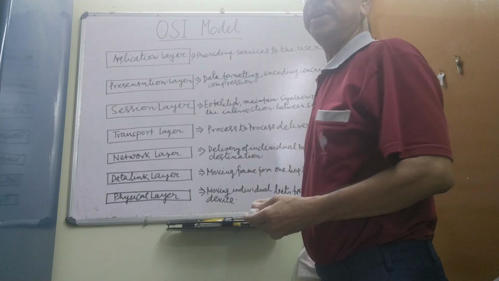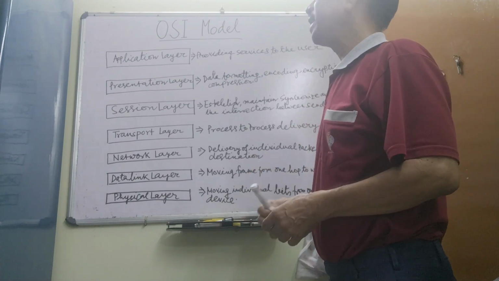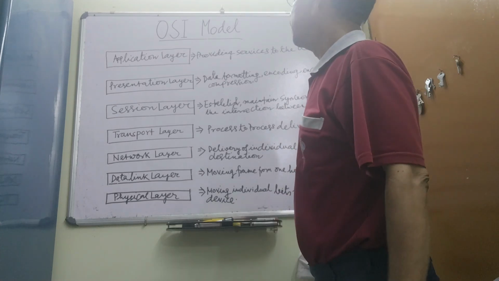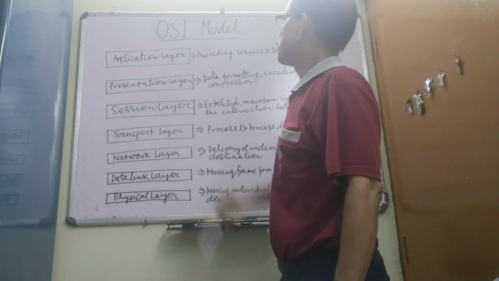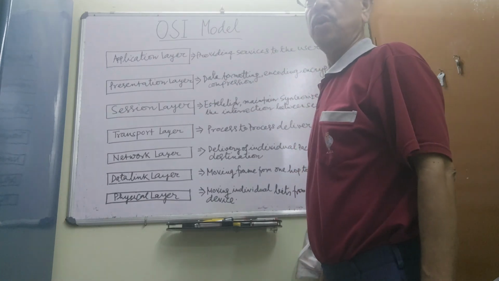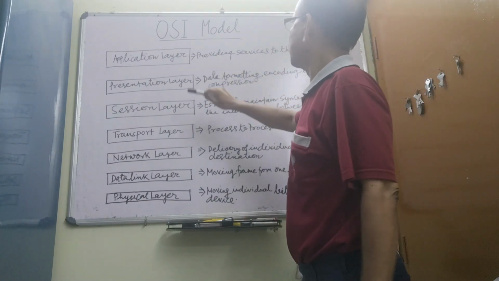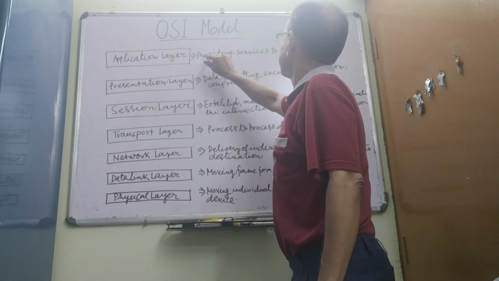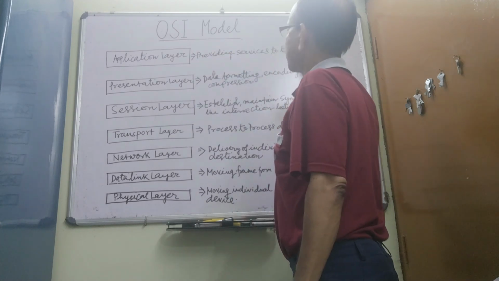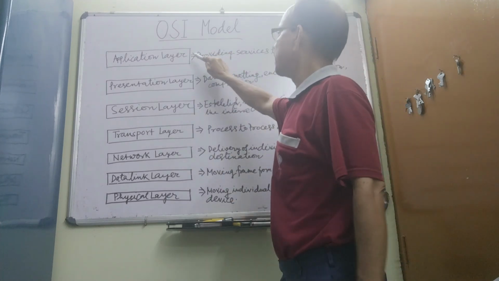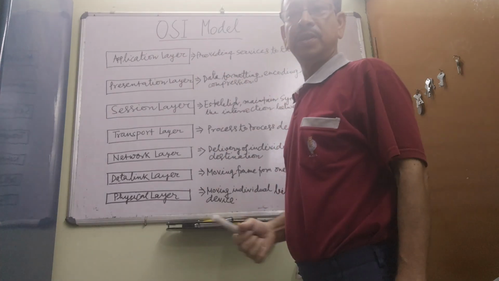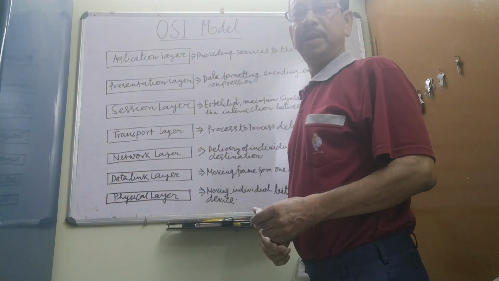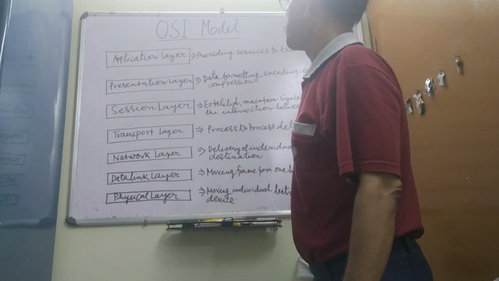When we send any file or data from one machine to another machine, first we need the application layer. With the help of the application layer, we provide the service to the user. From the application layer, we get the services HTTP, FTP, and other protocols.